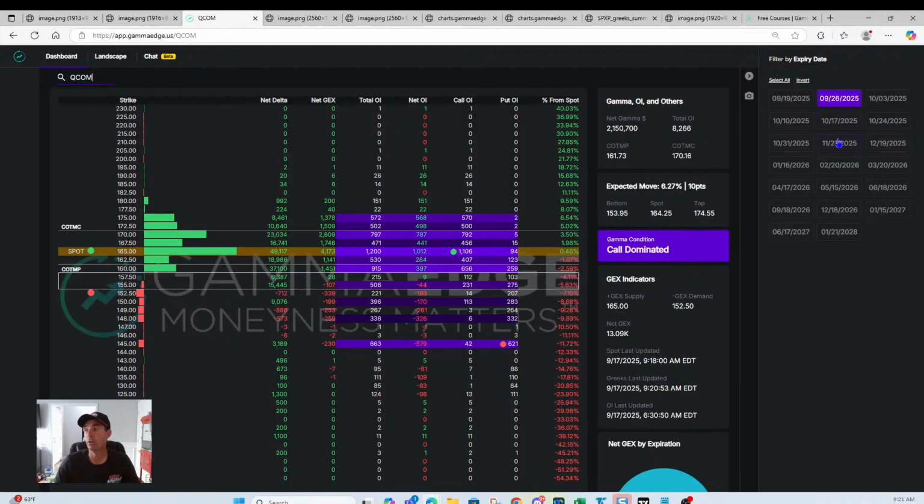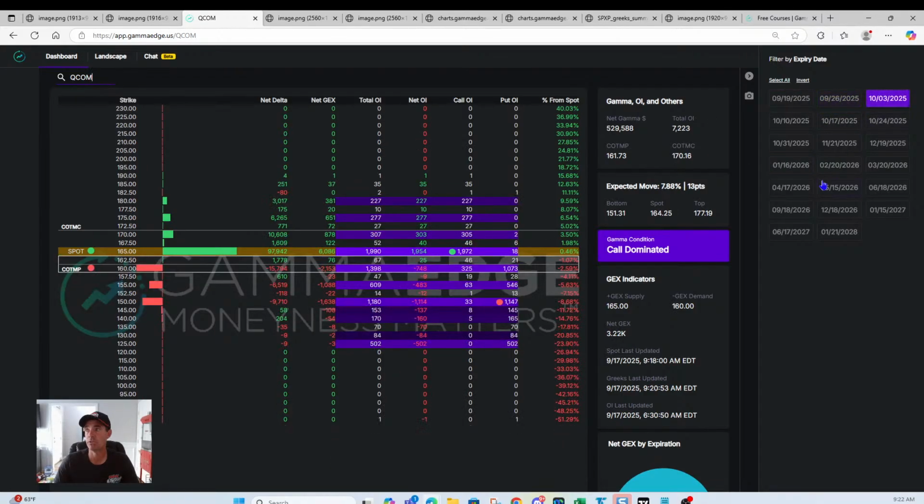So this is why you want to look at the web app. These obviously have weekly expiries on Qualcomm and not daily expiries. After this OPEX, see where this positioning changes and how it changes heading into the rest of the month, because after this expiry that money will most likely be deployed somewhere else within Qualcomm or other stocks.